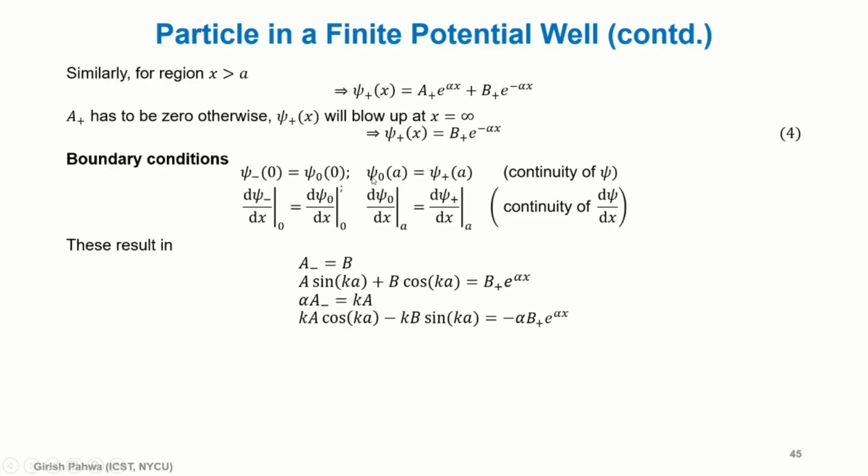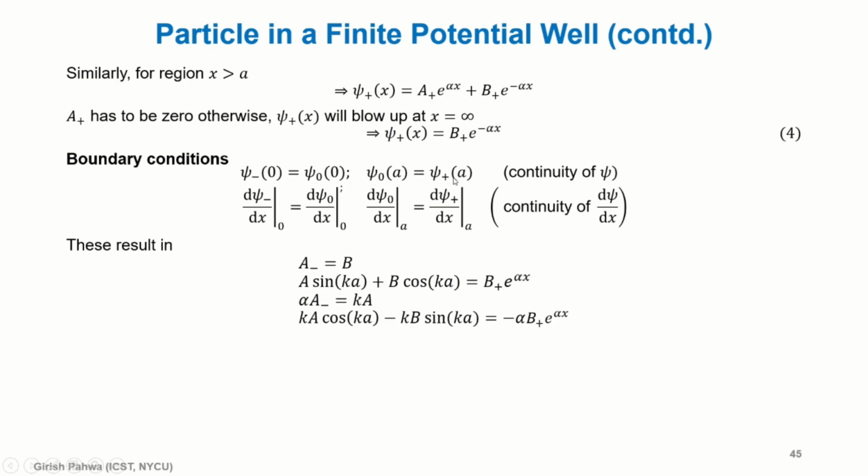Similarly, if you put ψ naught a equal to ψ plus a, what do you get? ψ naught is A sin kx plus B cos kx. So instead of x you have a, so you have A sin ka plus B cos ka, right?